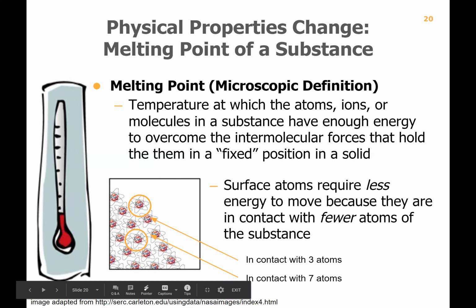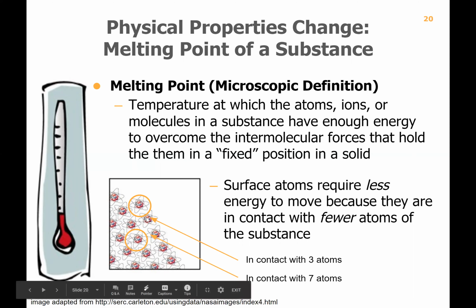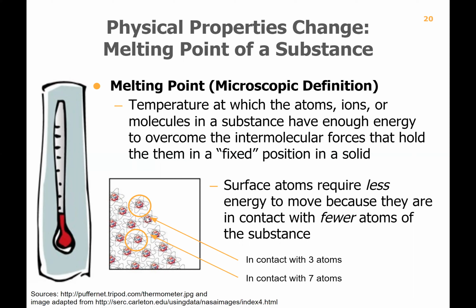If the atom is inside, it's in contact with a lot of atoms, say 7 atoms in this little illustration, versus if it's on the surface, this particular atom is only in contact with 3 atoms. Because of that, the surface atoms require less energy to move because they are in contact with fewer atoms, and therefore the melting point temperature is lower, depressed. Okay.